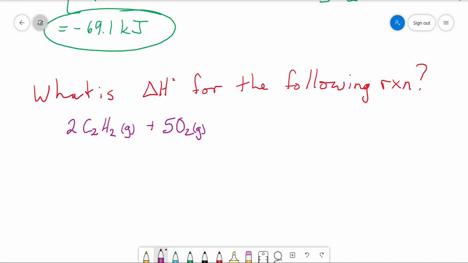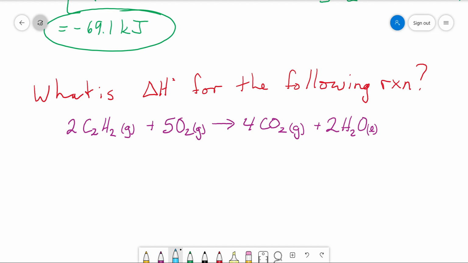There's a little bit of a twist here. Plus 4CO2 gas plus 2H2O liquid. Okay, pause your video. Look these all delta H naughts of formation up, see if you can calculate it on your own, and then come back and watch the rest of the video.